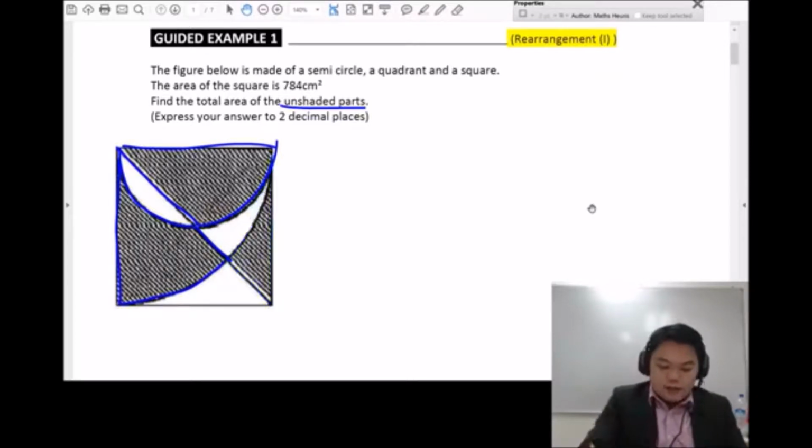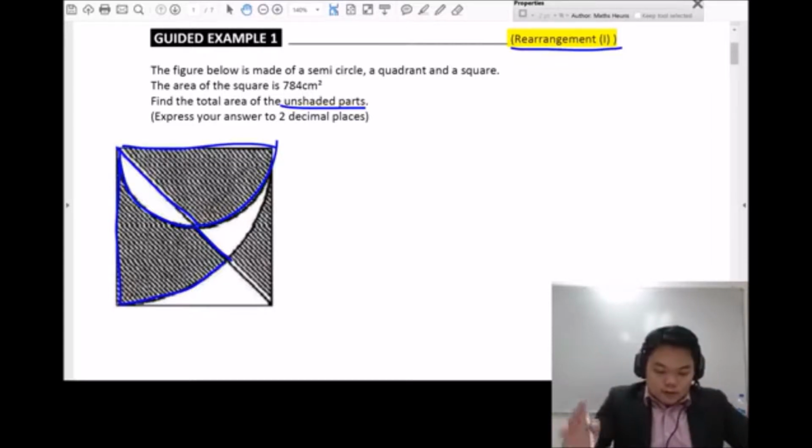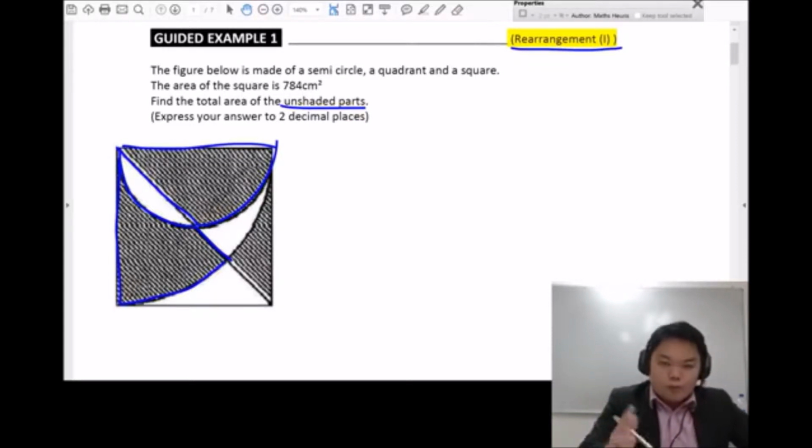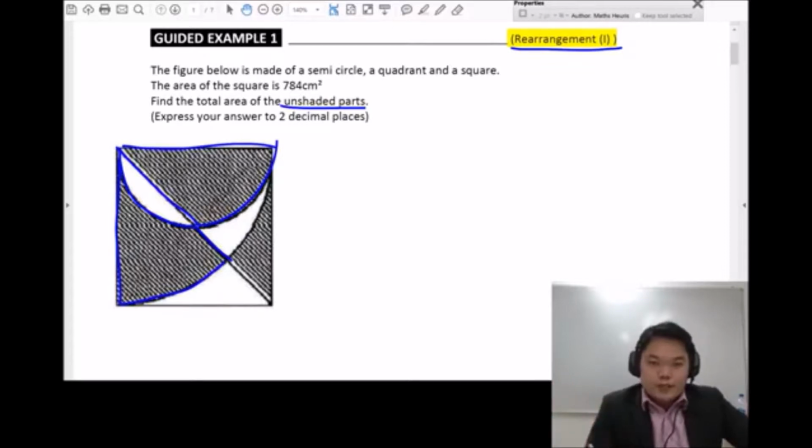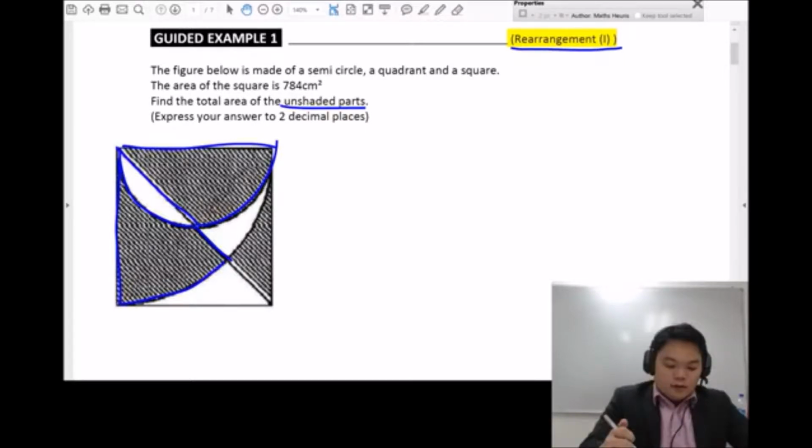The key thing here is the rearrangement of parts. How do we rearrange it in such a way that we can use the formula learned in school to calculate the area? The way to do it is this.